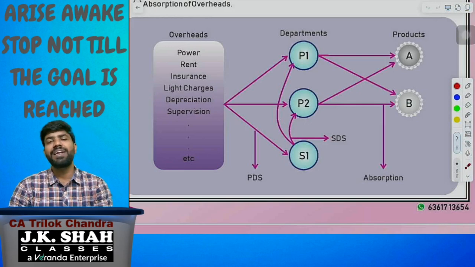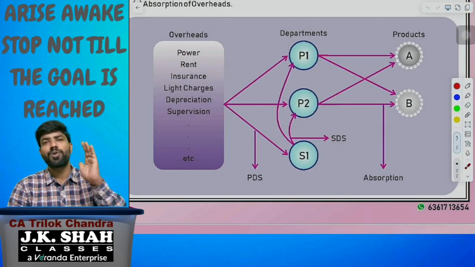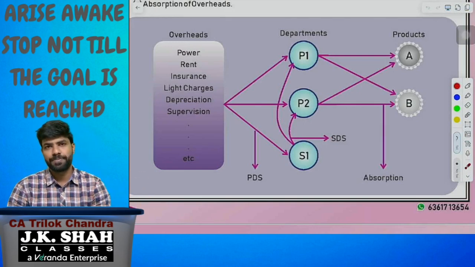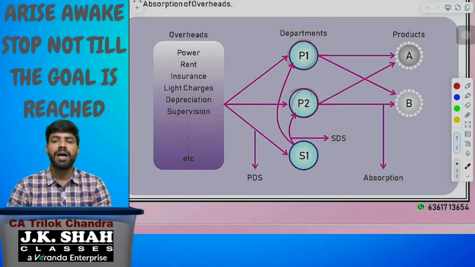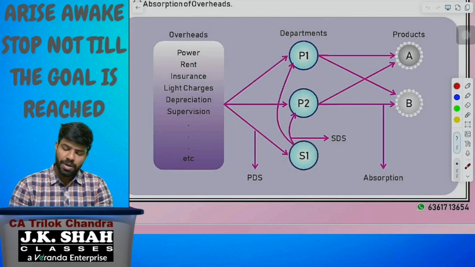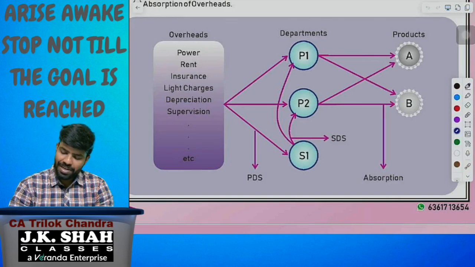And then we will classify the entire factory into departments: production department and service department. Just for example's sake, I took two production departments, P1, P2, and one service department, S1.